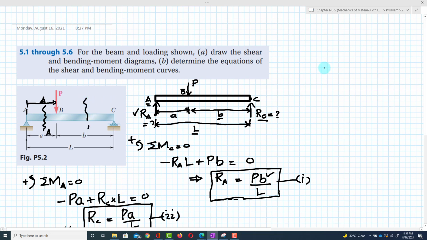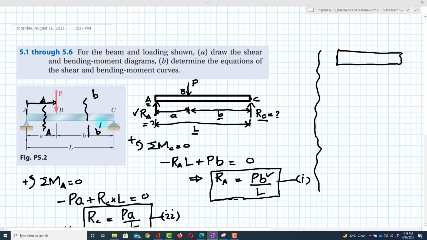For simplicity, let's solve it over here. If I draw the beam again, this is the total length, this is the beam at this BB section. This is the BB section, or you can say B dash, because B is also given over here, so do not confuse.